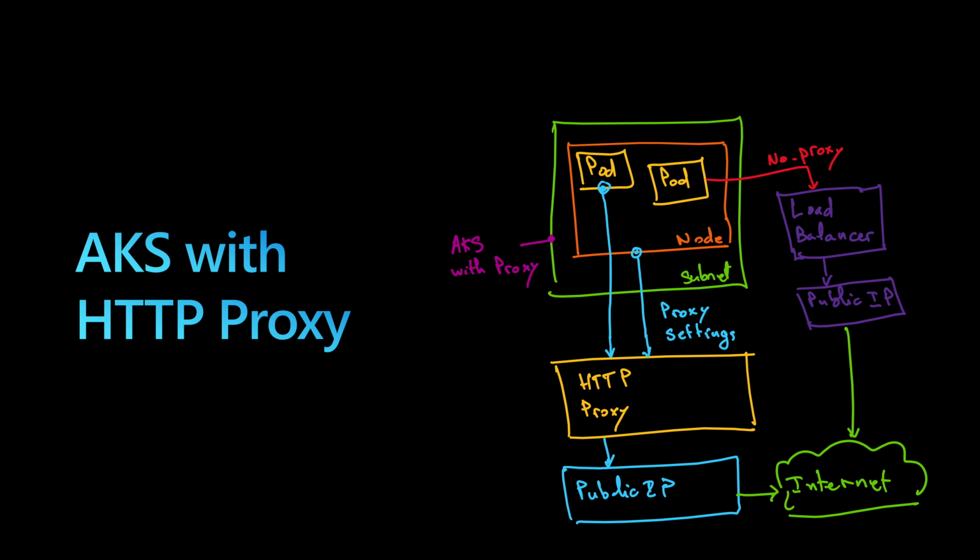You will learn how to configure an AKS cluster with an HTTP proxy so that the egress traffic coming from the nodes and from the pods will be routed through the proxy server.